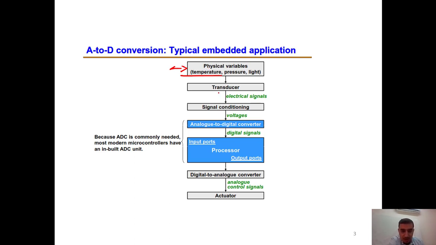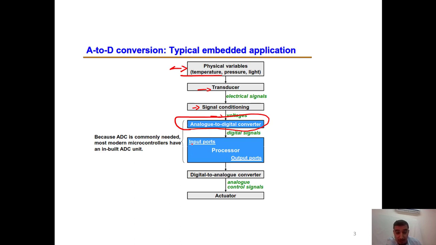I need to convert it using a transducer and signal conditioning into voltages. Now these voltages will be fed to an analog to digital converter, which will change the continuous value into digital. Then it will go to the microcontroller itself.